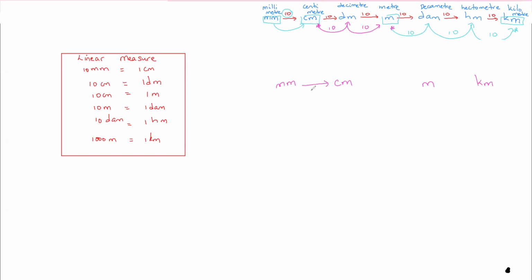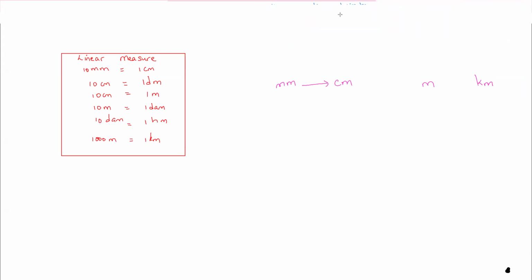Do you remember what number we had here, without looking at this? So we had 10 in between here. In between the centimeter and the meter, we had 100. And in between the meter and the kilometer, we had 1,000.